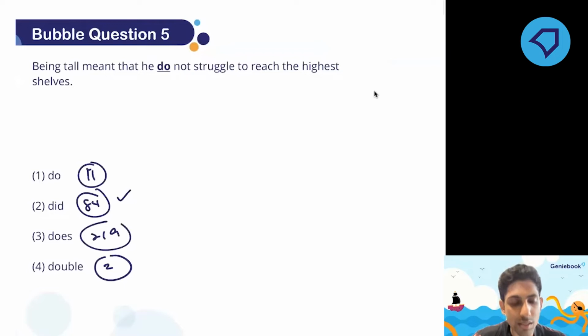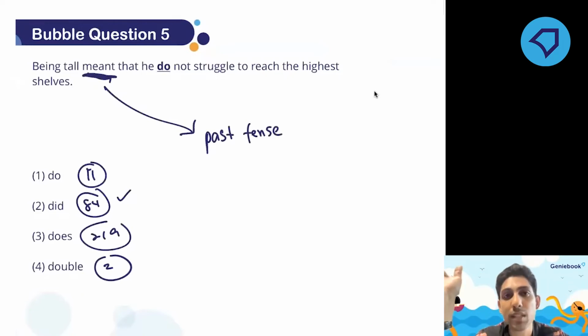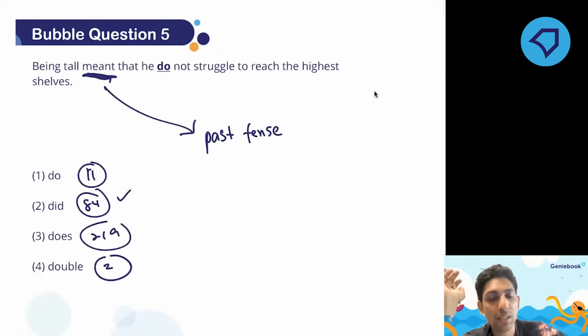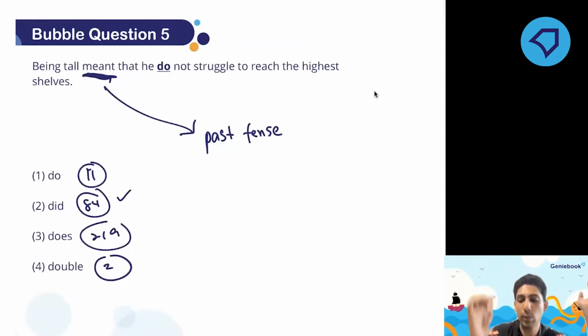So the clue is this. Meant. What tense is that? Past tense. So what does this mean? Yeah, simple past. What you're trying to say is, at that point in time, he did not have to struggle to reach the highest shelves. Okay, let's say we're talking about this guy.